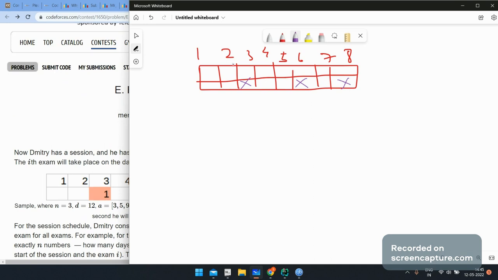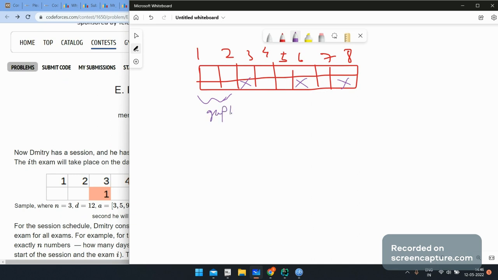In this problem, the author has chosen certain dates, and on each date there will be only one examination, and the dates go up to D. There would be no clashing between any two examinations, as the author says. That should not trouble us, because what we want to find is the minimum gap, which we have to keep.